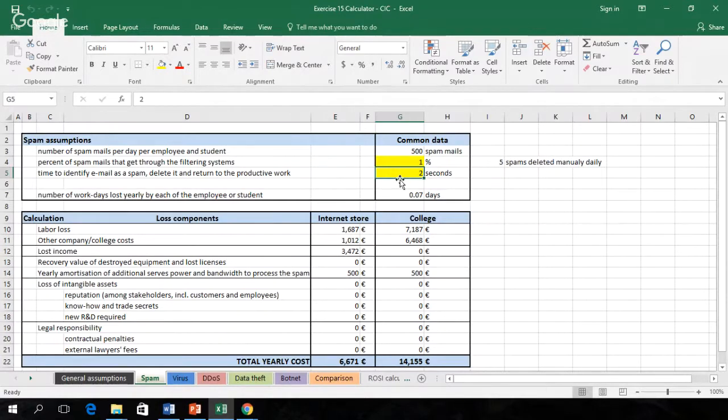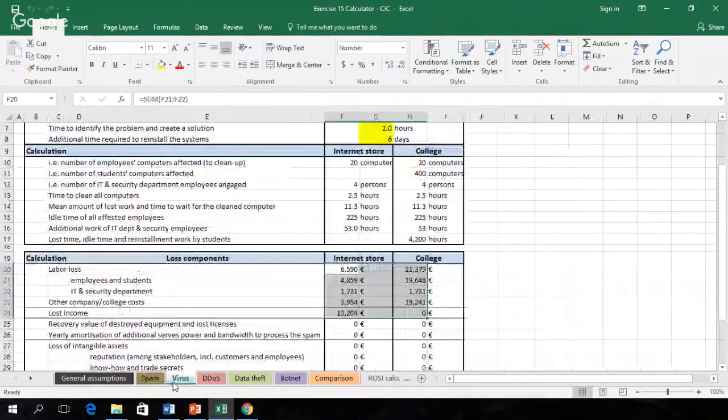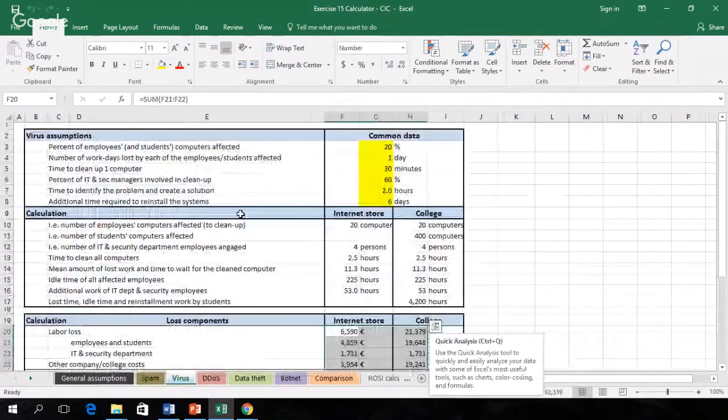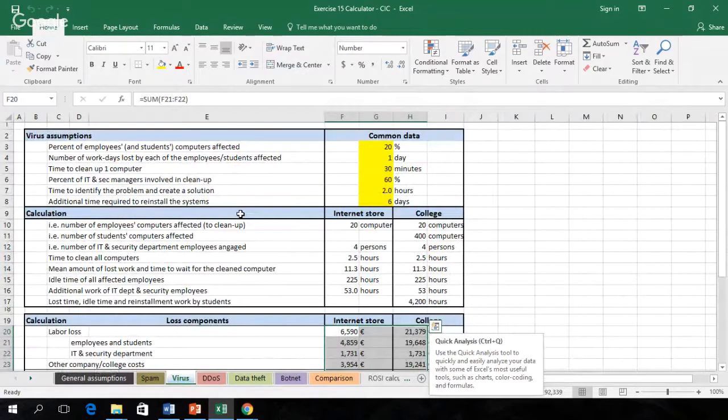Next, I'm going to the second incident. The second incident type is virus attack. In this example, a virus attacked the entity and caused the loss of a day of work for 20% of the employees and students in the college, in cell G3.